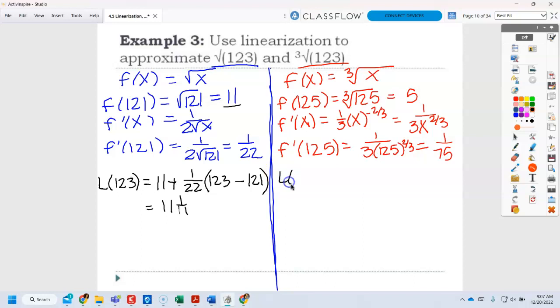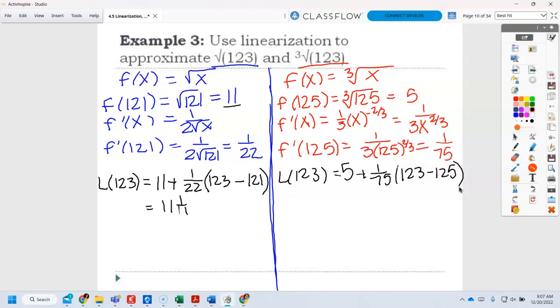So, L of 123 equals f of a plus f prime of a times x minus a. This is the first time that when I did an x minus a, I actually get a negative, which is okay.